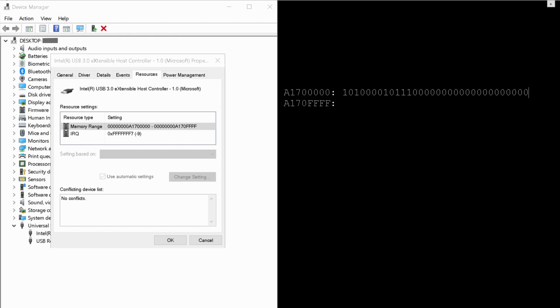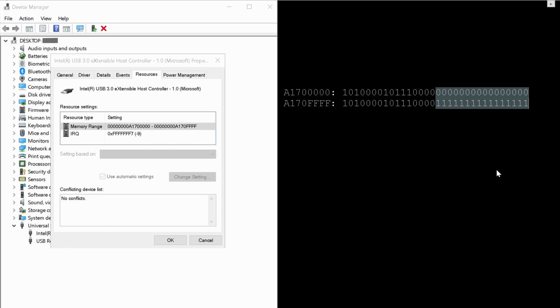All right, now let's take a look at the high address and convert it. A is 1010, 1 is 0001, 7 is 0111, and then we have a nibble of zeros, and then we have 16 ones representing those 4 nibbles of Fs. Now, if you look here, that's the section that identifies the device. How many bits are there?